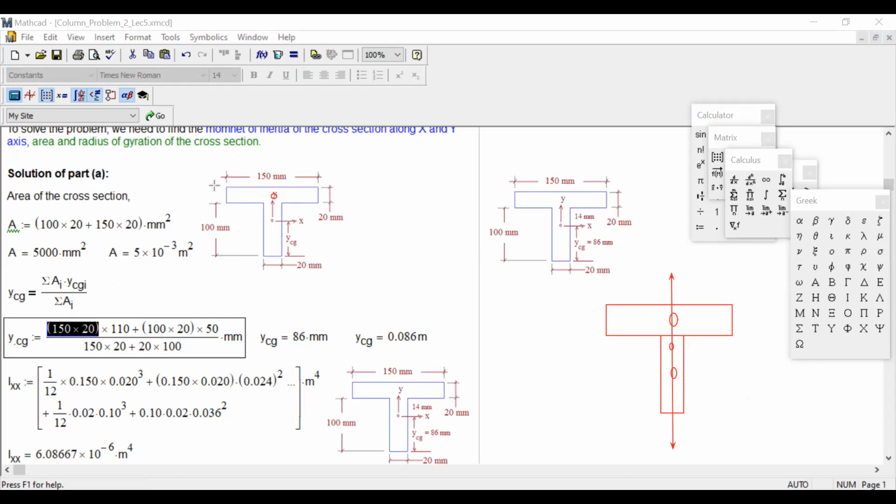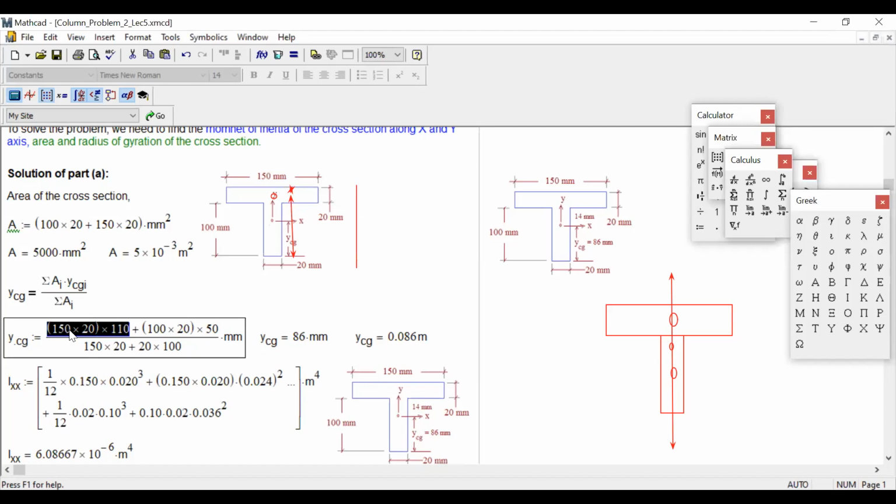The total distance from here to here is 120, right? Then what will be the distance from this CG to this one? Obviously this distance is 10 only. So 120 minus 10, 110. So 110 is the CG, area into CG that we put right over here.